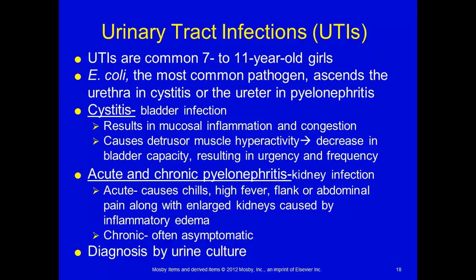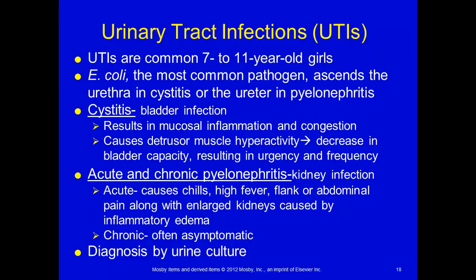Acutely, if someone comes into the ED with these signs and symptoms, chills, high fever, flank pain, the first thing we'll do to diagnose is a urinalysis, just the dipstick. Anybody done those or have experience doing those? Usually what's going to be abnormal in a urinalysis, with cystitis and also pyelonephritis, is the nitrates are going to be elevated.